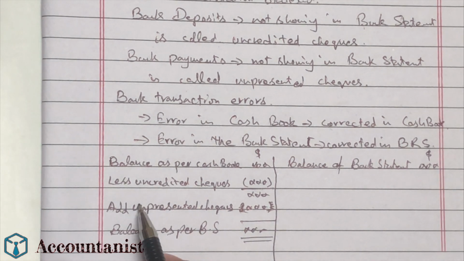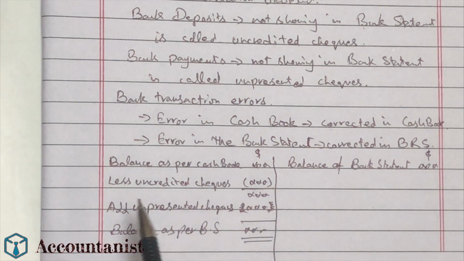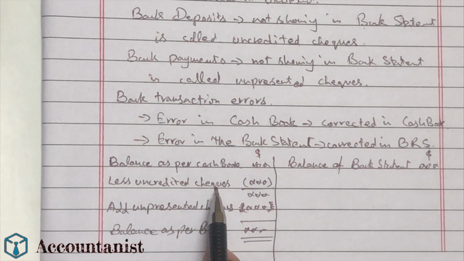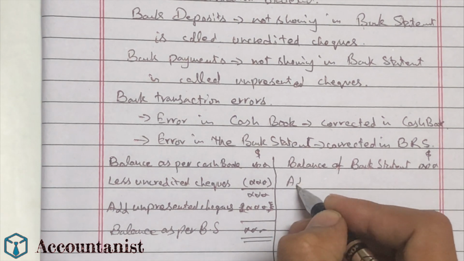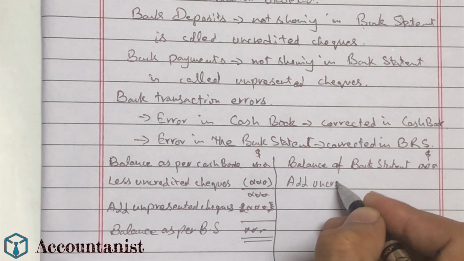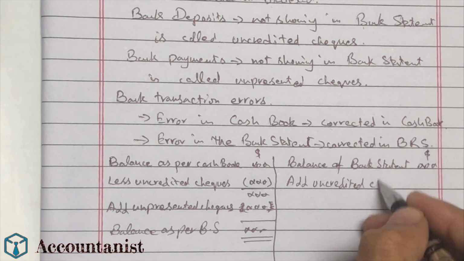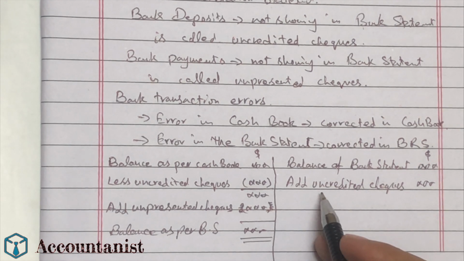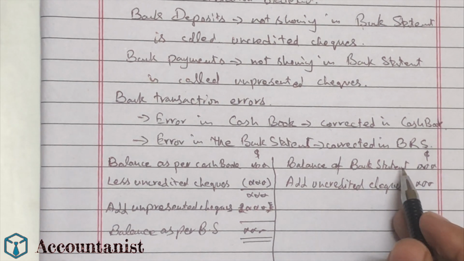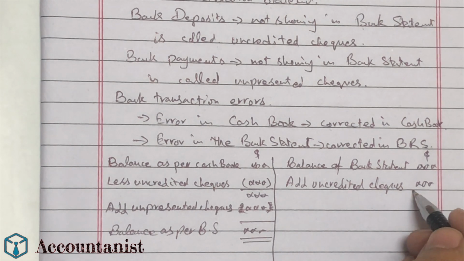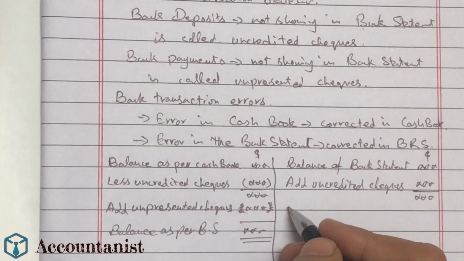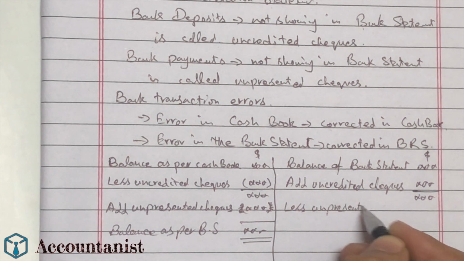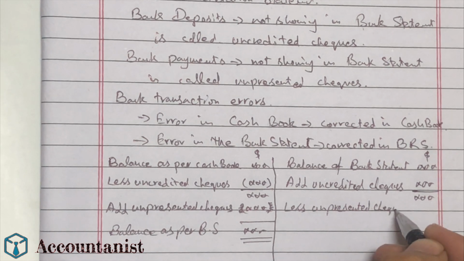Now from this format to this format, there will be a mirror effect. Like if we are here less uncredited checks, there will be add uncredited checks. Means those figures that we deposited into the bank account are not showing in the bank statement, so we have to add them here, and then we have to deduct less unpresented checks.